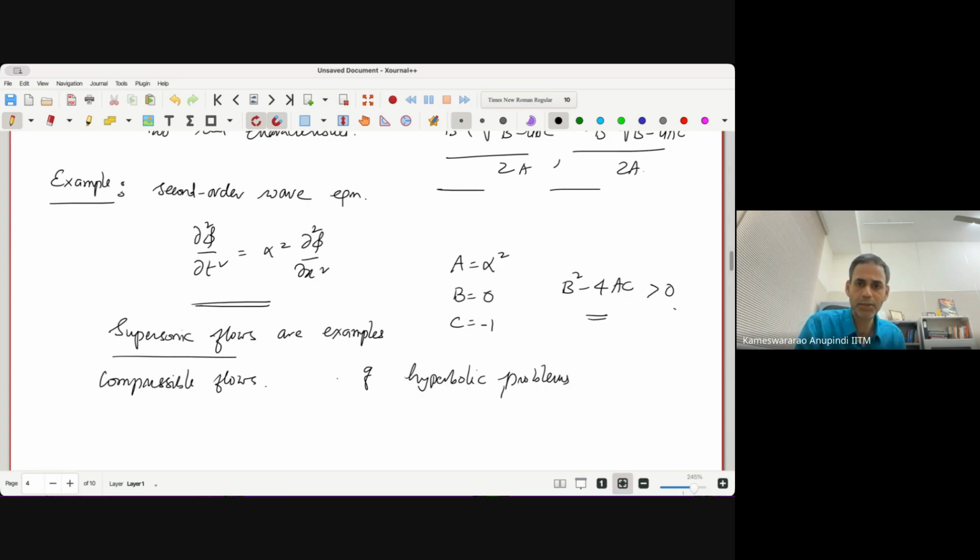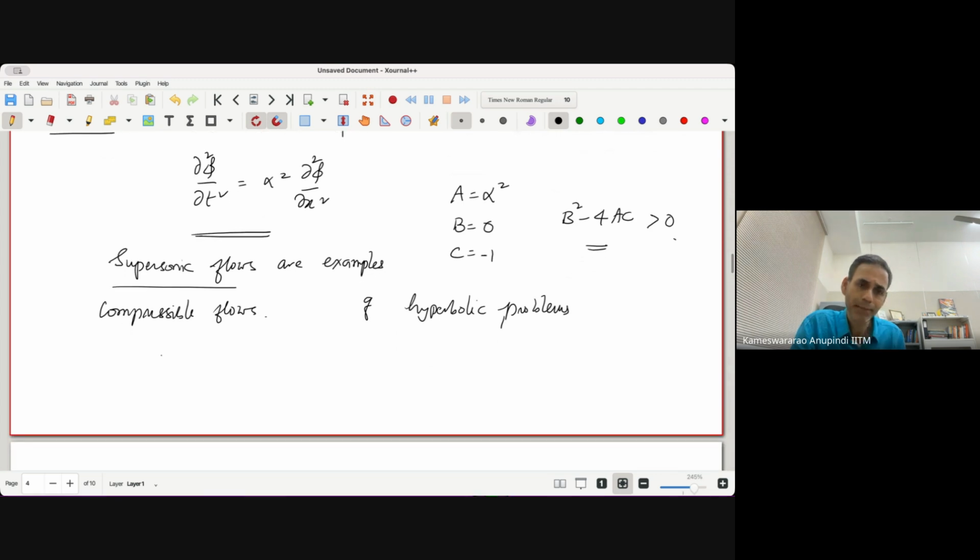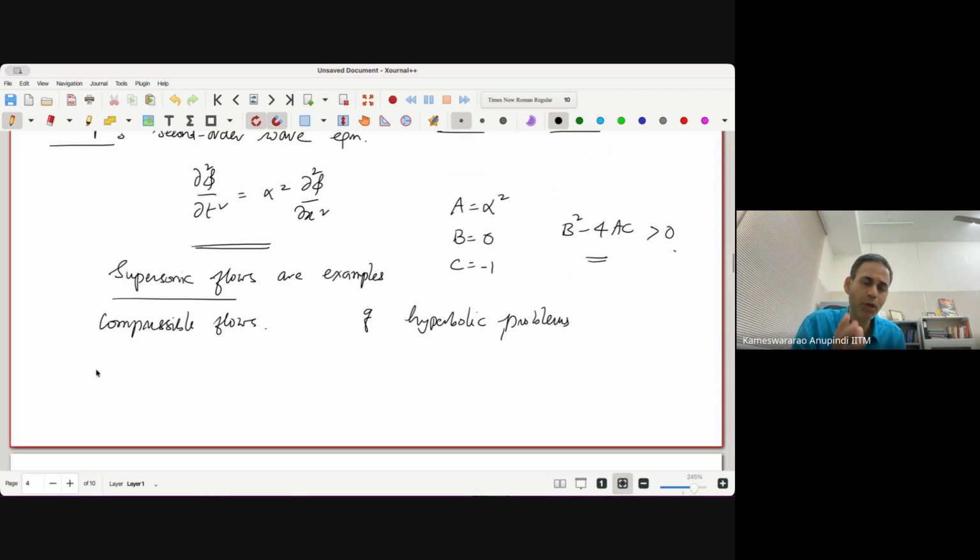Okay, and then to be able to solve these equations, we need to specify two sets of initial conditions, and then two boundary conditions per spatial coordinate.